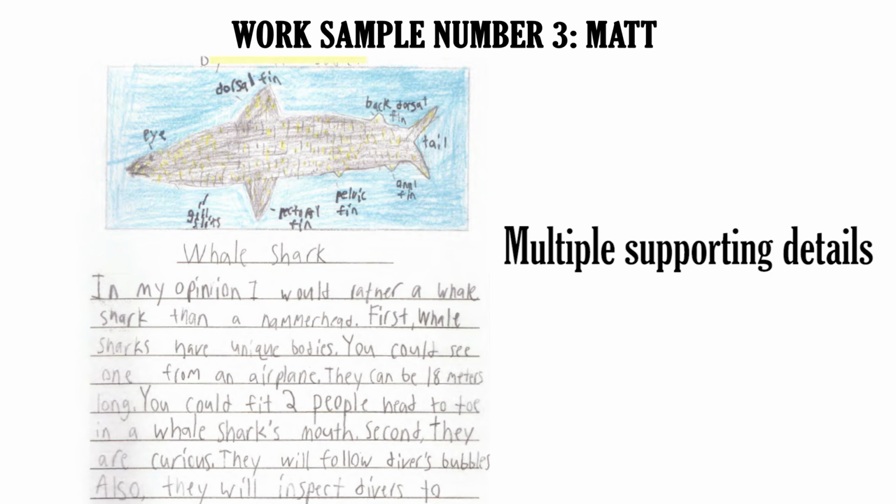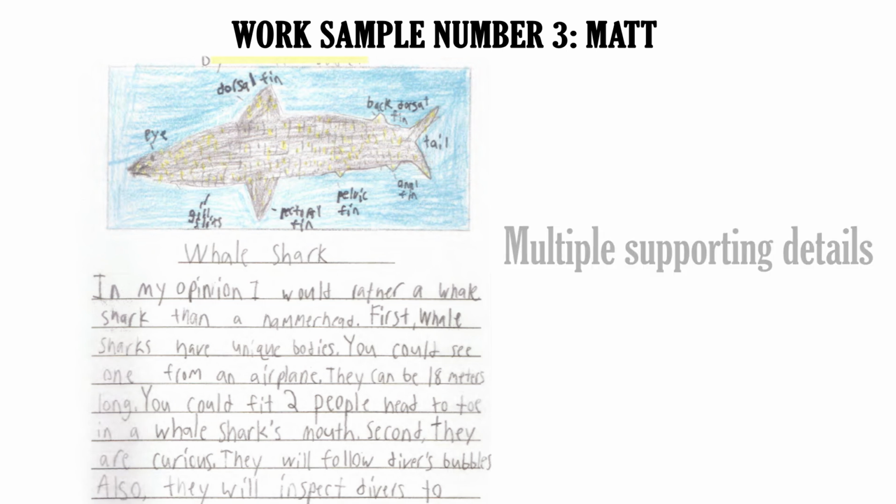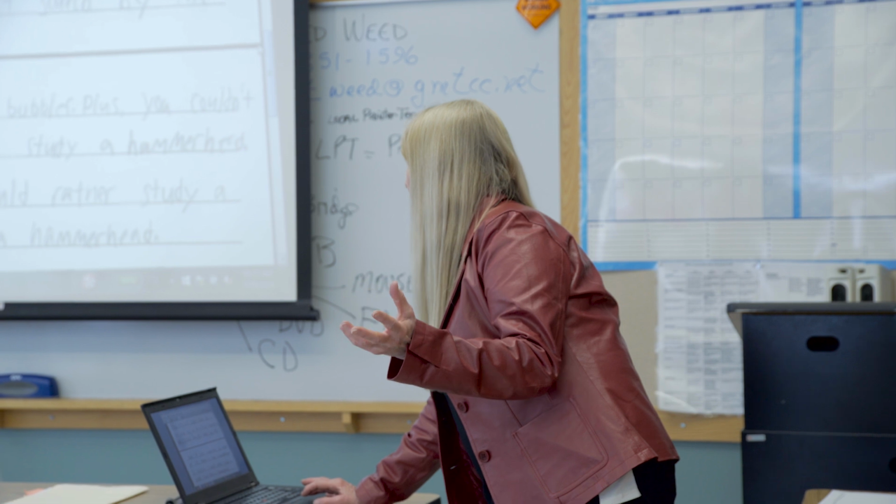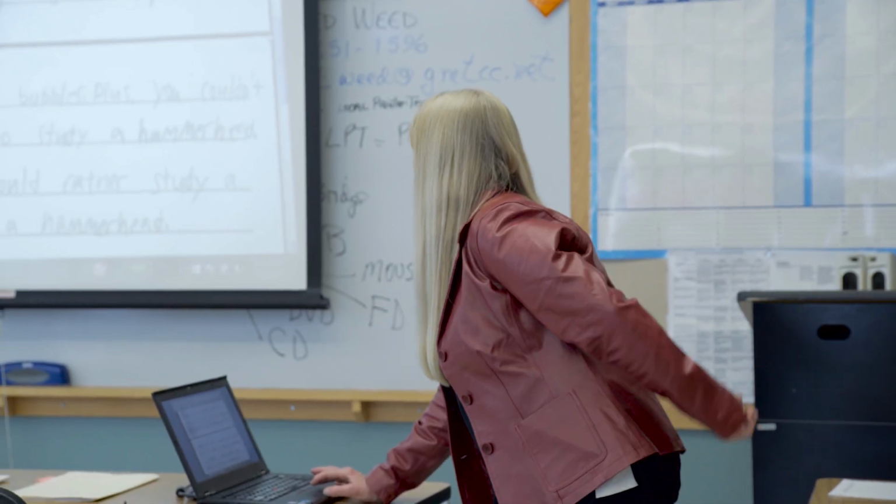There's multiple supporting details for each reason. Multiple supporting details, maybe a little bit more elaboration. Do you see the student's voice coming out in this? "Hammerhead sharks are chicken." Yeah, hammerhead sharks are chicken. They didn't get that from the text, so that's his own words.